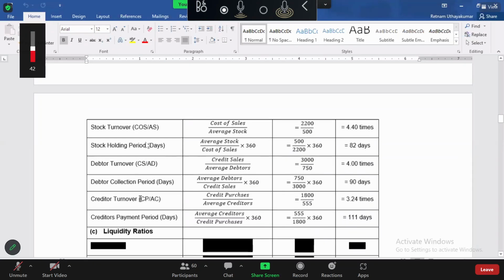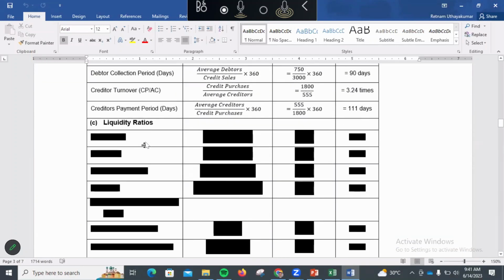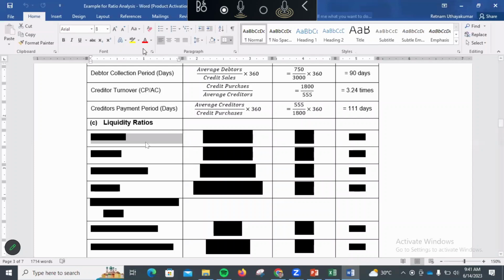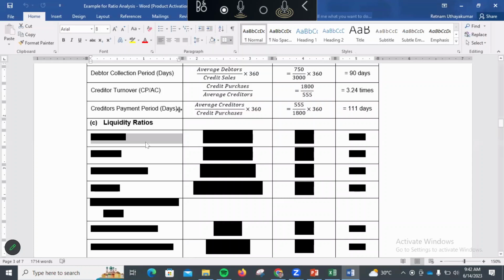Previous lessons, you have completed the analysis up to efficiency ratios. Then you can extend this to liquidity analysis with the liquidity ratio calculation. So the first ratio, you want to take down the current ratio.